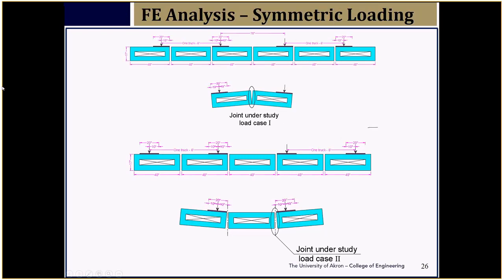And then we can also have this kind of load configuration where the tension is at the bottom. So while you won't see the cracks on the top, the cracks at the bottom will reduce the depth of the joint that is effective in transferring the loads, and therefore it becomes more critical.